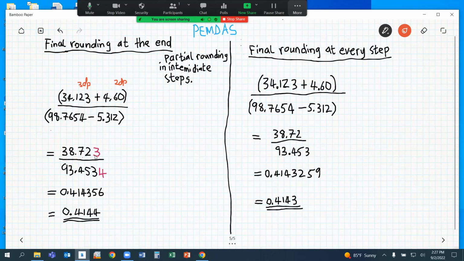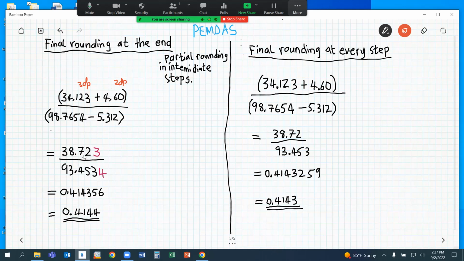Just 1 extra digit is enough. That is what we call partial rounding in the intermediate step. When we continue, we are only going to count our significant figures ending right here with these 2. The 3 is extra.